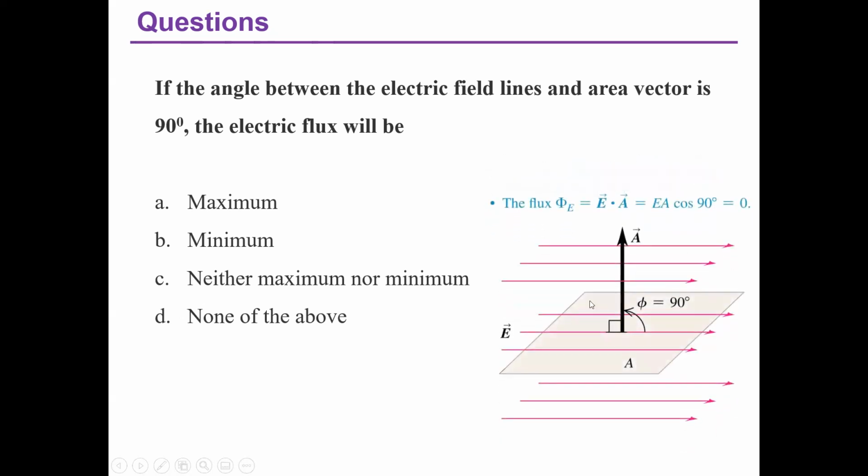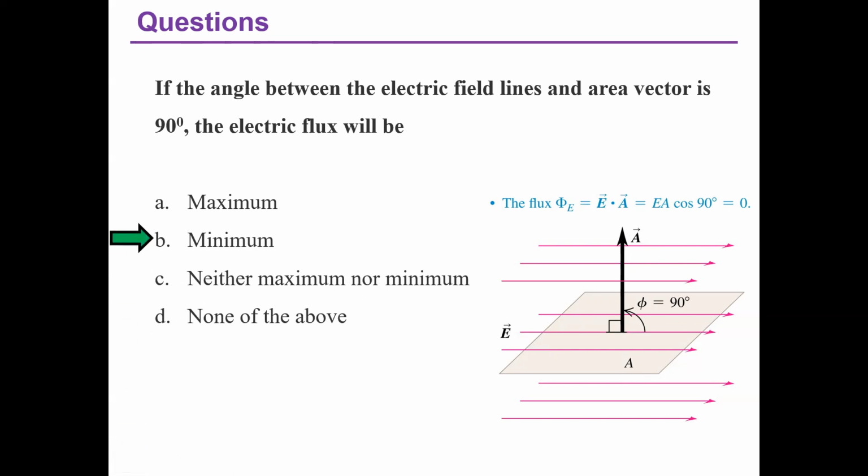Always remember the surface area and the area vector are two different things. The area vector is perpendicular to this surface, however this surface is parallel to the electric field lines. So this gives you total electric flux equal to 0. That means it is the minimum case.